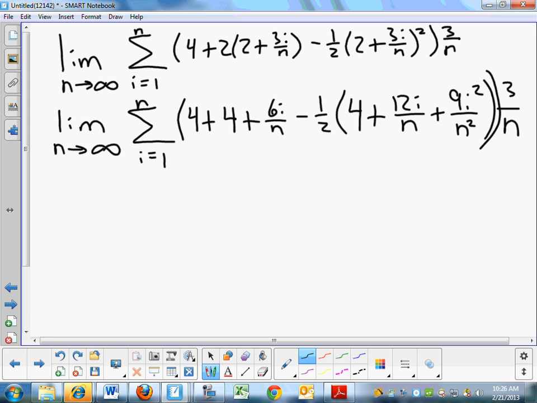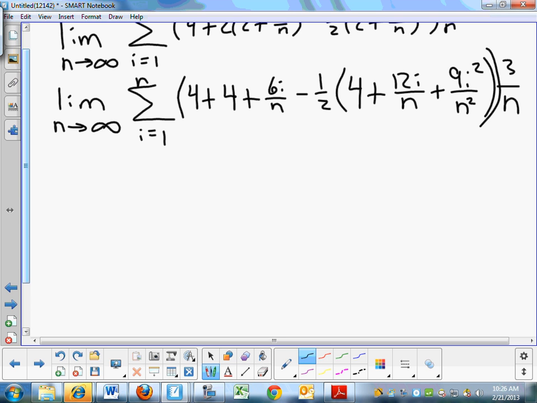Looks like I need a second parenthesis. Then we'll distribute the 1/2. Then we'll do the 3 over n. We're not going to do too many steps in one here because we want to make sure that we, again, don't make a mistake, because it's really difficult to go back and try to find them all the time. So we have the limit as n goes to infinity, and this is pretty easy to do.